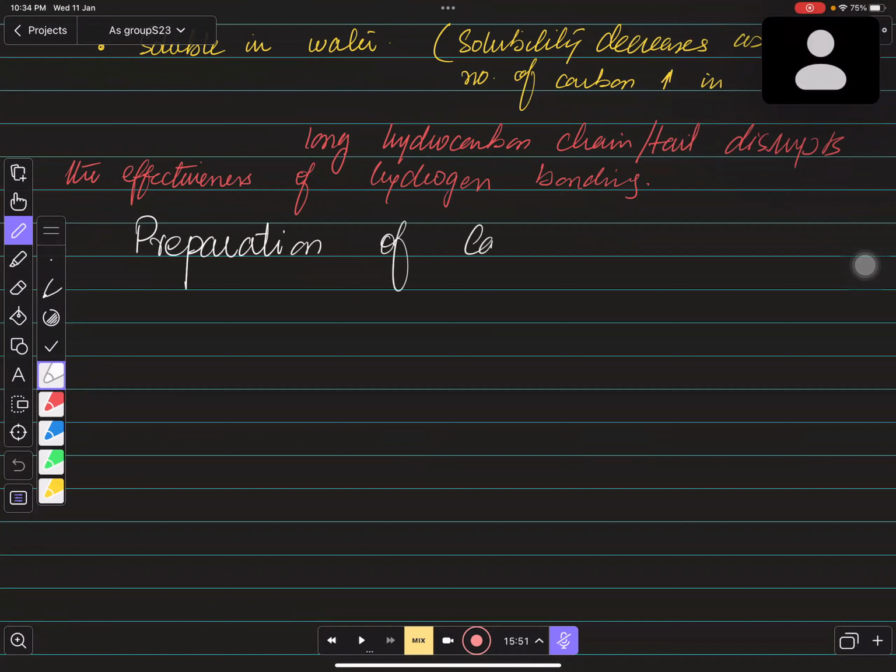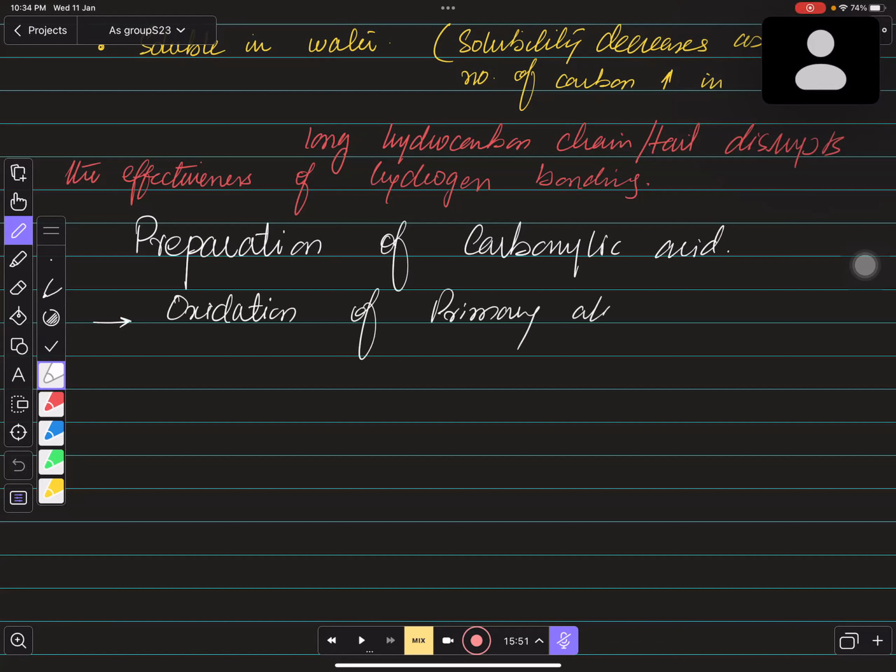We already talked about this in the previous chapter, and even before that in alcohols, that one is oxidation of primary alcohol. By primary alcohol oxidation, you can produce carboxylic acid.